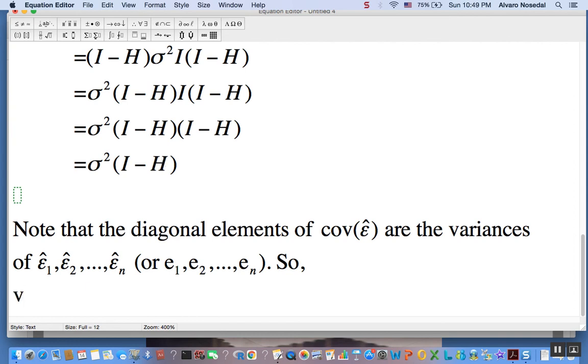So the variance of epsilon hat i, or if you will, the variance of e_i, the ith residual, is just 1 minus h_i times sigma square, right?